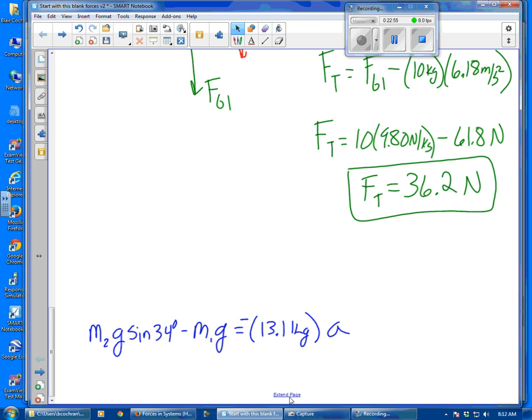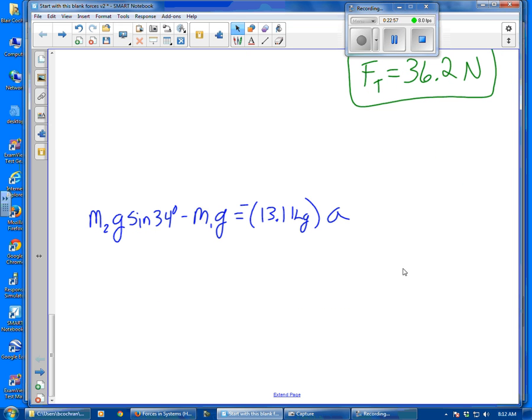So we have all of that same idea that we did in part A, except now the acceleration is 0, which means that we end up being able to simplify a little bit to m2g sine of 34 degrees is still there. If this is 0, that means that whole right side is 0, so this must equal m1g.